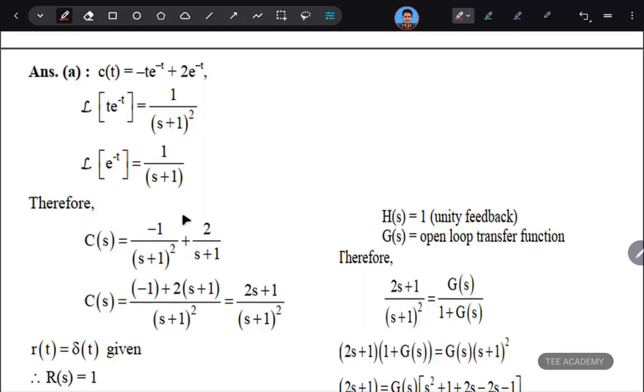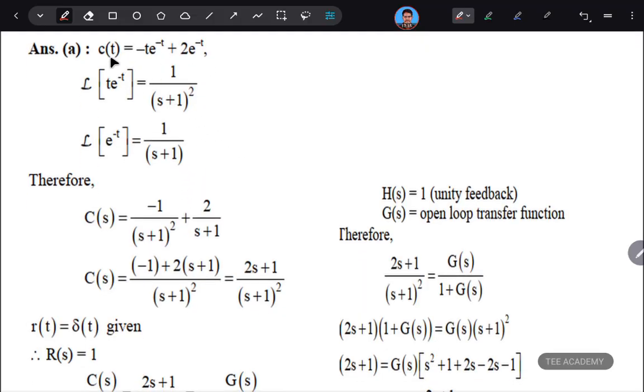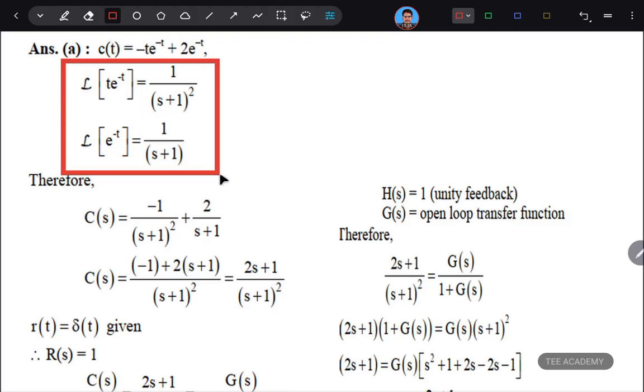So first of all, c of t is the response given in the question: c of t is equal to minus t into e power minus t plus 2 into e power minus t. Here I am using the Laplace transformation formulas for your convenience. Laplace of t into e power minus t is equal to 1 by (s plus 1) whole square; where t is there, the power becomes n plus 1.